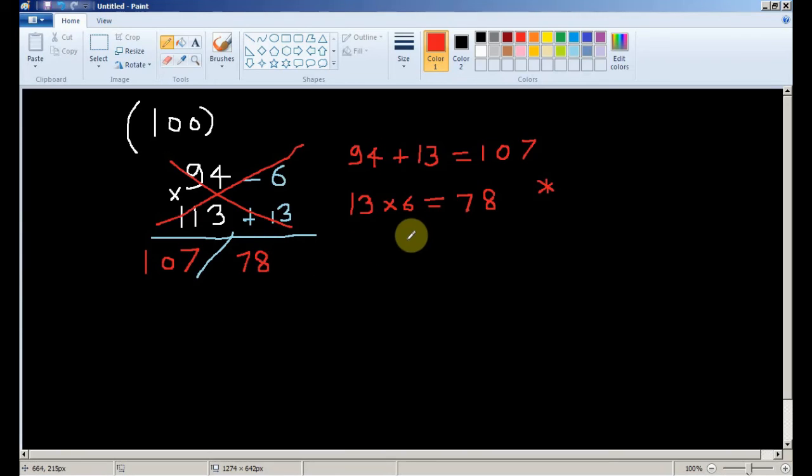But this is not the answer, as I told you earlier, because we have to perform two or three steps once again. The first step is to subtract 1 from the first number, 107. I just write it down for simplicity, but all these things you can do in your head.